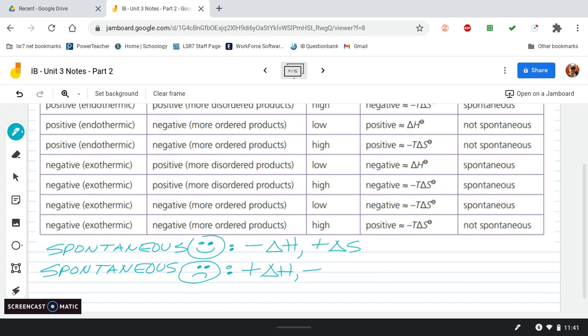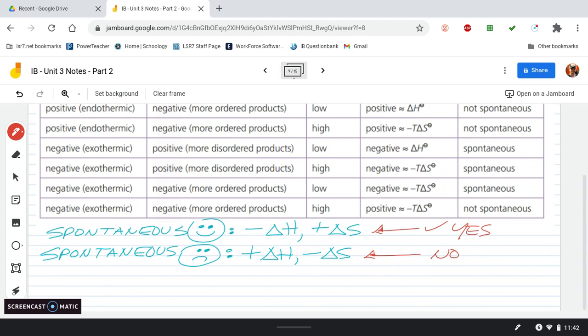Or if it's becoming more ordered, going towards the solid phase, away from the gas phase, these are bad things. So before we even look at the chart, these are going to pretty much give me spontaneous yes, and these are going to basically always be a no. But let's look at the math about it real quick.